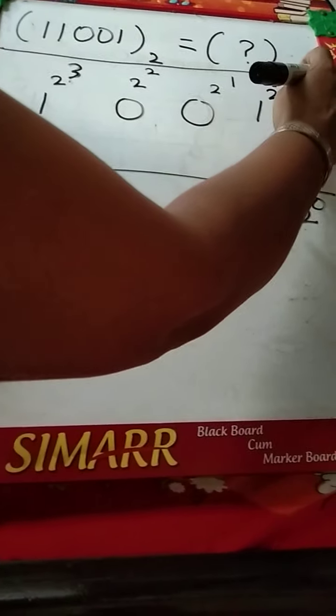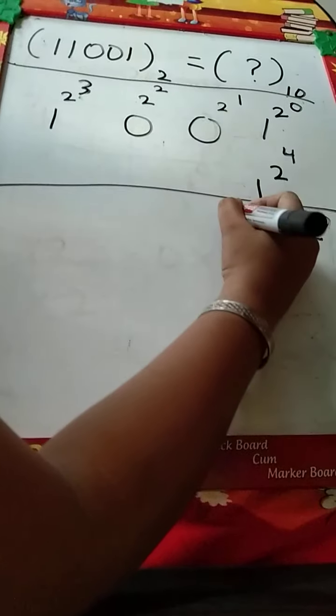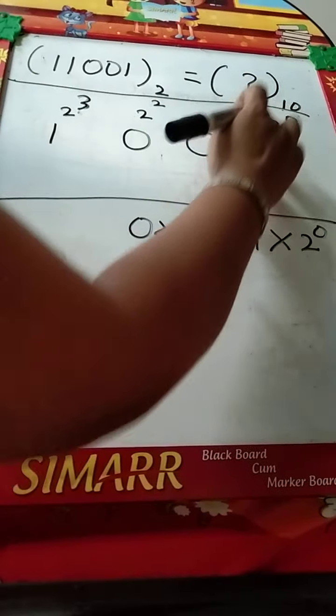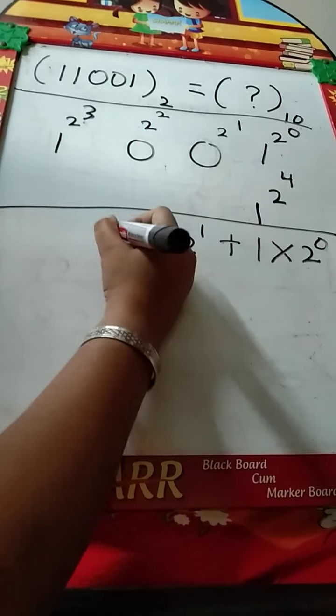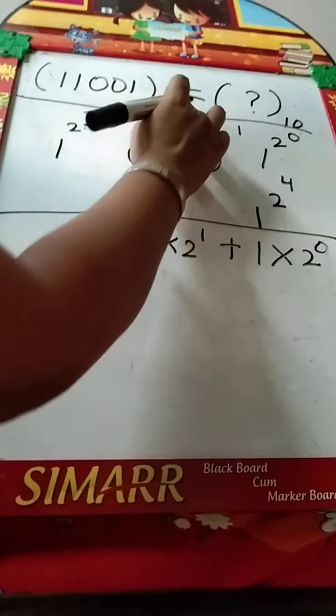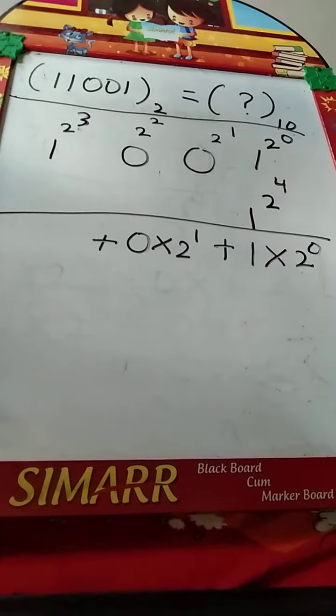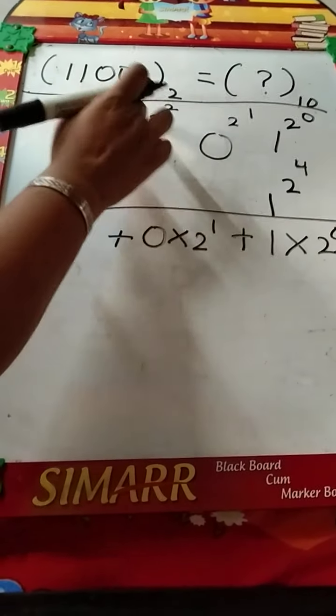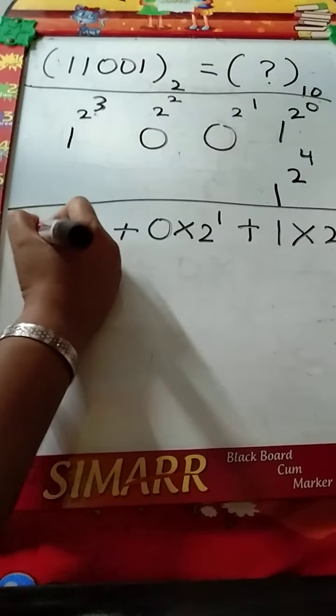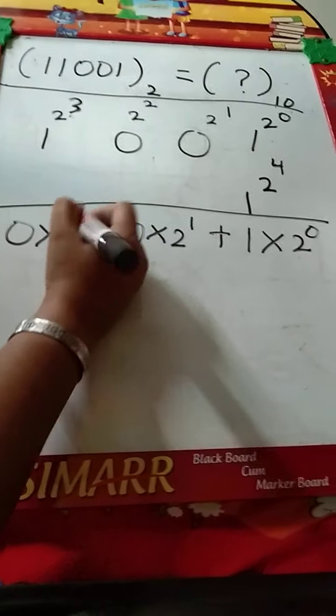So here it is written: 1 into 2 raised to power 0, plus 0 into 2 raised to power 1, plus 0 into 2 raised to power 2.